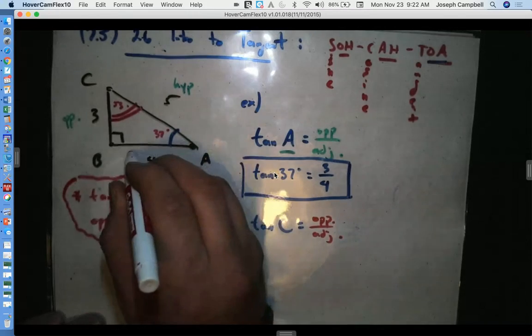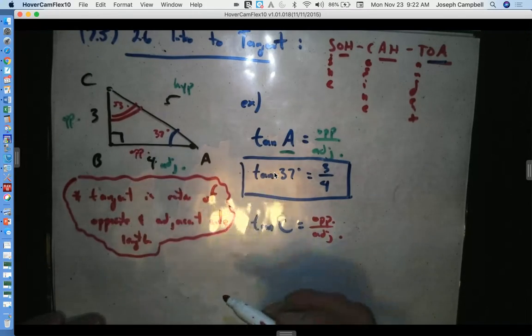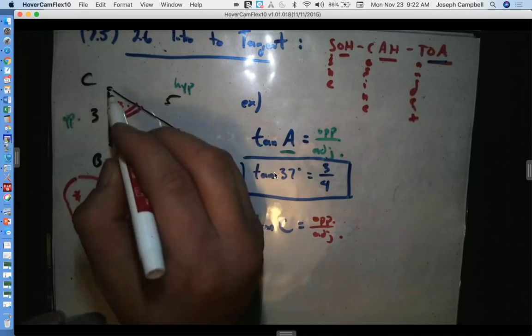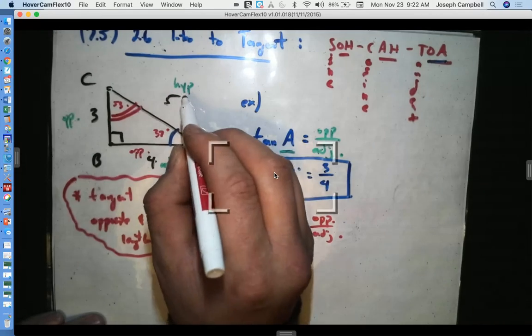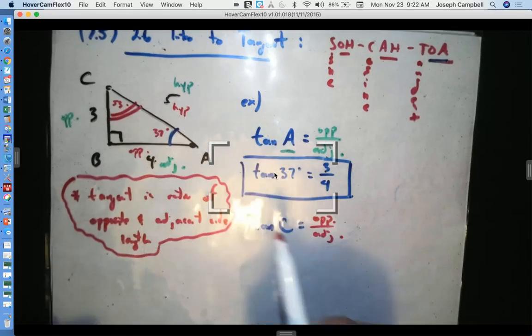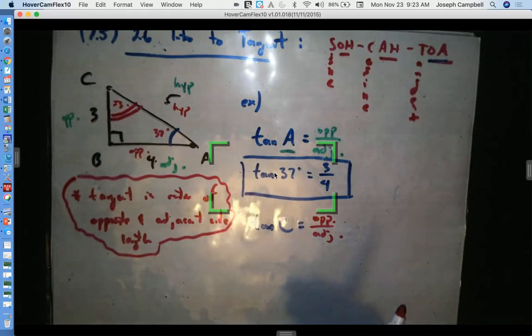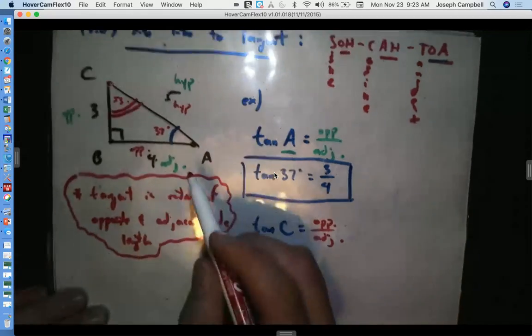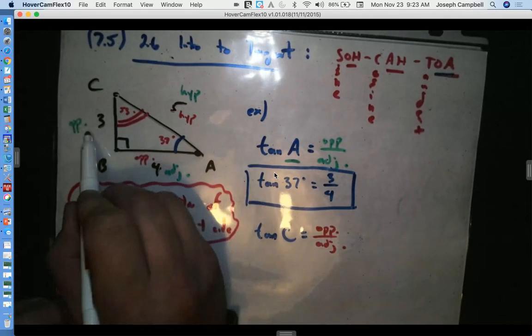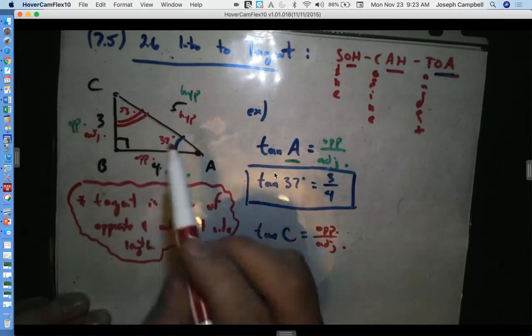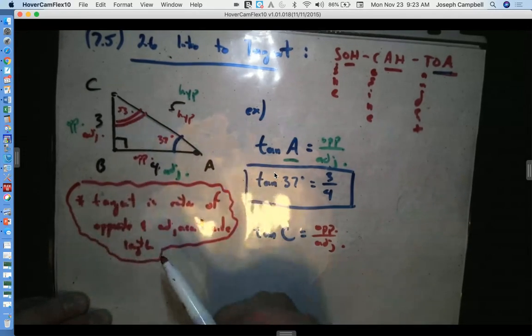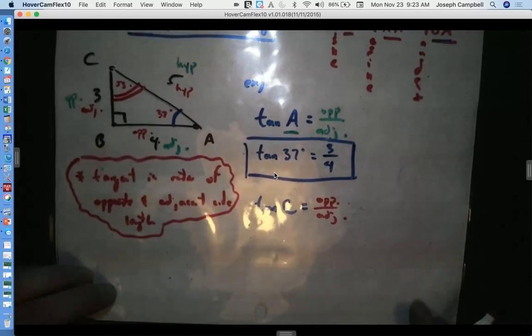So now this is the opposite side. And what's adjacent to angle C? Well, it can't be this because that's still always the hypotenuse. Hypotenuse doesn't change. But this is now the adjacent side. Why? Because we're looking from a different angle. So go ahead and pause the video and rewind it if you want to catch that again.